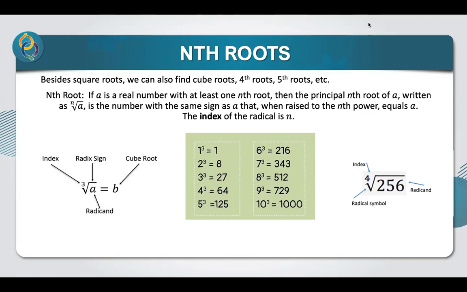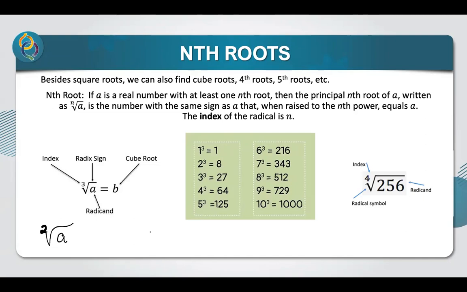I already told you that the principal nth root would always be the positive root, and the one that has the same sign as A. Just some terminologies. Let me emphasize this. When we talk of the square root of A, it is understood that the index is a 2.